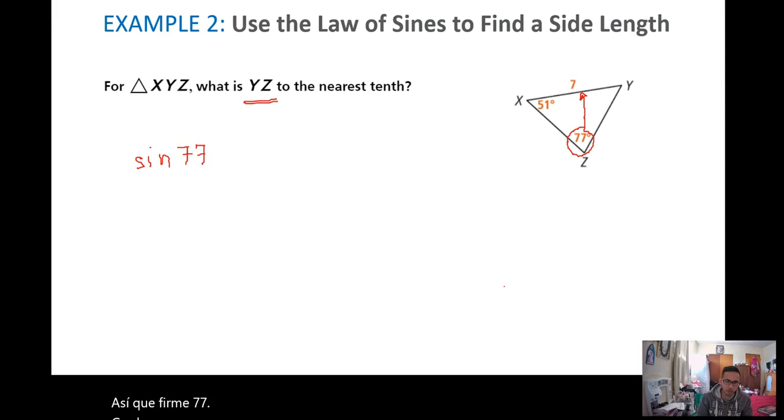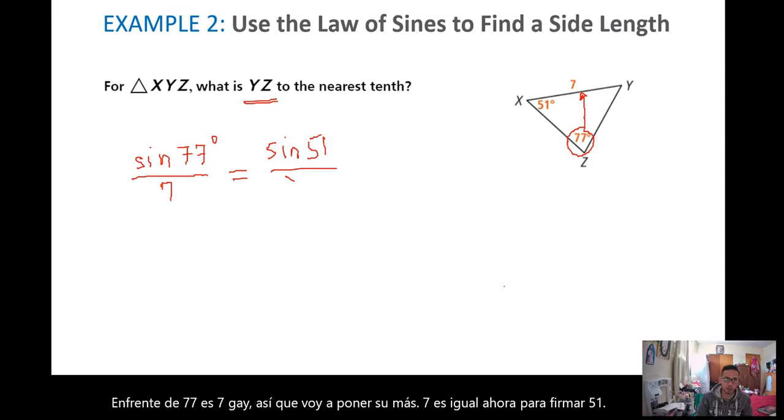The opposite of 77 is 7, so I'll put there 7 over, is equal now to sine 51 over the unknown YZ.